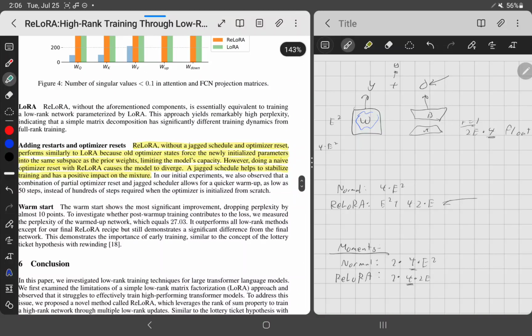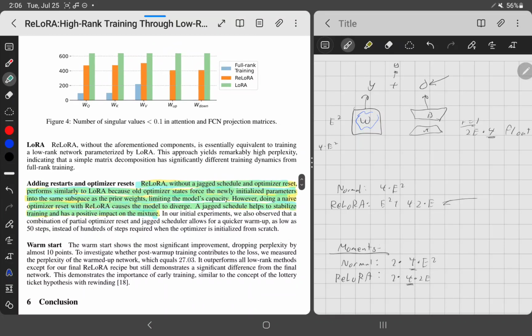And they mention here, ReLoRa without a jagged scheduler optimizer performs similarly to LoRa because old optimizer states force newly initialized parameters into the same subspace as prior weights, limiting the model's capacity. However, doing a naive optimizer reset causes the model to diverge. A jagged scheduler helps training and has a positive impact. So you want to find this middle ground between it totally diverging after you reset it and it totally not changing its trajectory at all.